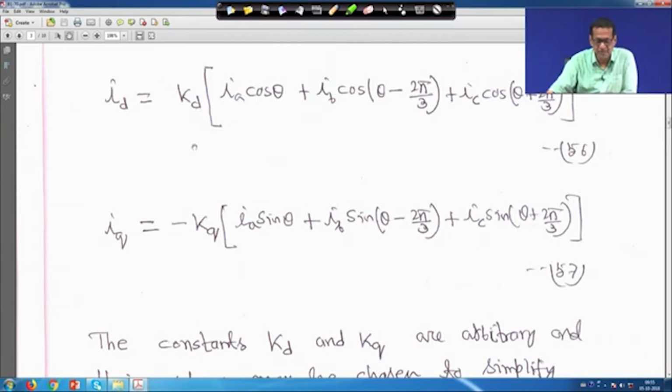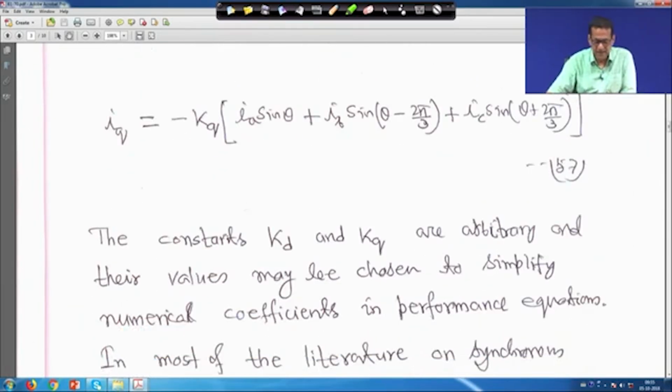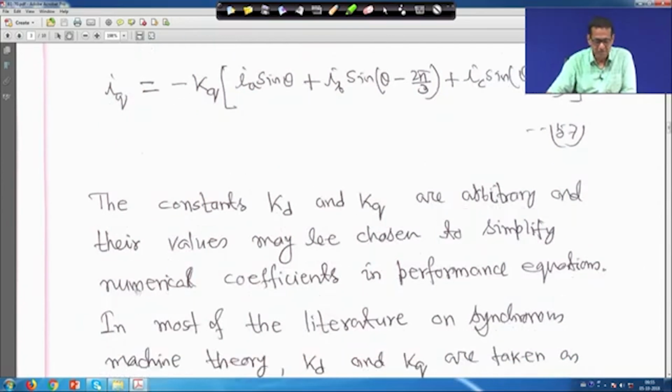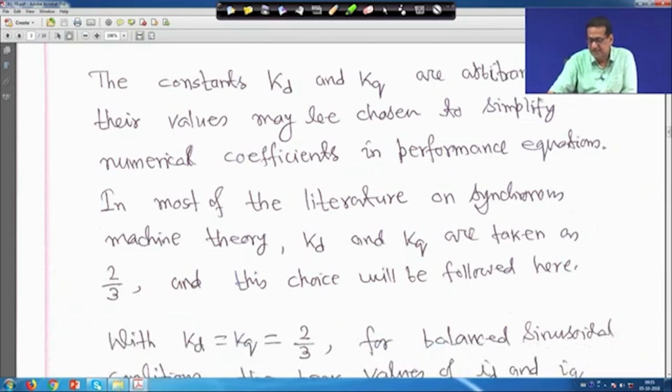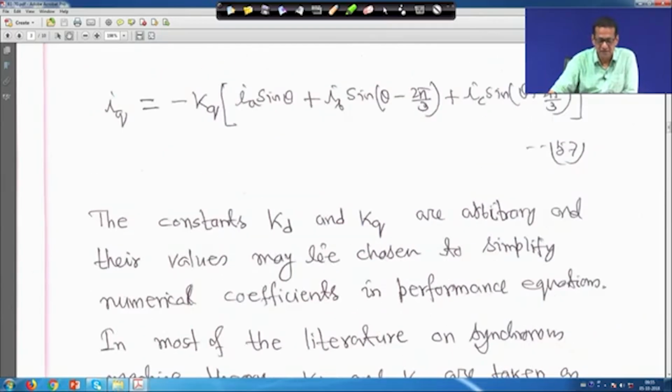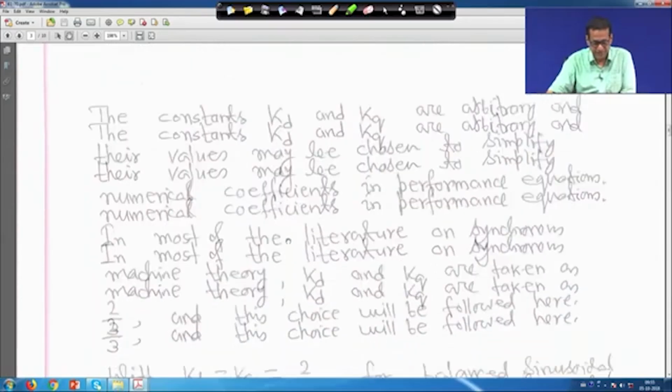But what will be the value of kd and kq, that we will see. Now the constants kd and kq are arbitrary and their values may be chosen to simplify numerical coefficients in performance equations. In most of the literature on synchronous machine theory, kd and kq are taken as 2 by 3 and this choice will be followed here, right. So kd and kq will be 2 by 3.